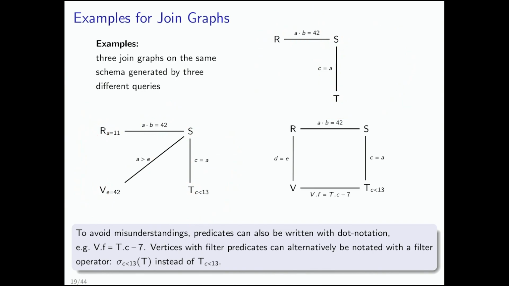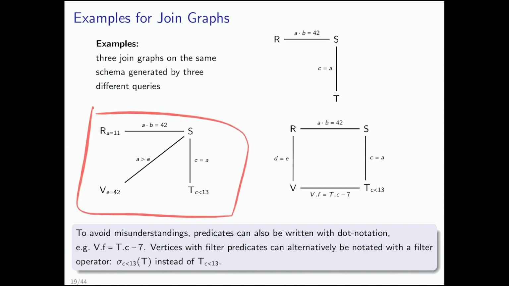Here I'm leaving away this dot notation. Typically you could also write it with dot notation, something like V.E greater than S.E. This has to be a join predicate. And those are the filter predicates. You can directly attach that information at the nodes. That's an absolutely valid representation of the SQL statement.